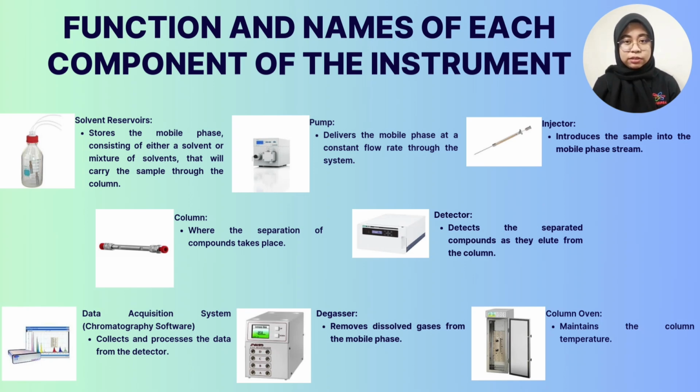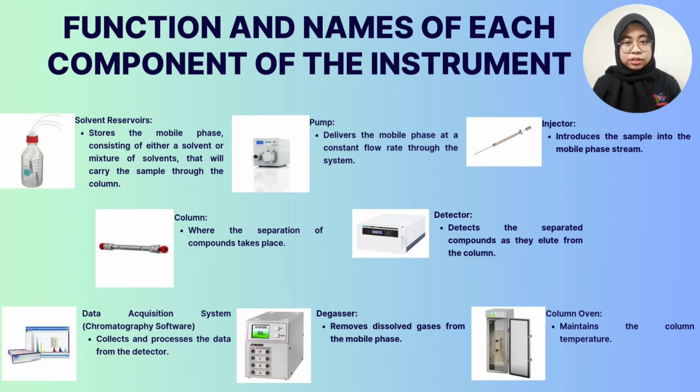The injector introduces the sample into the mobile phase stream, allowing it to enter the column. The column is the core of the system where the actual separation of compounds takes place. Once the compounds are separated, the detector identifies and measures them as they elute from the column.